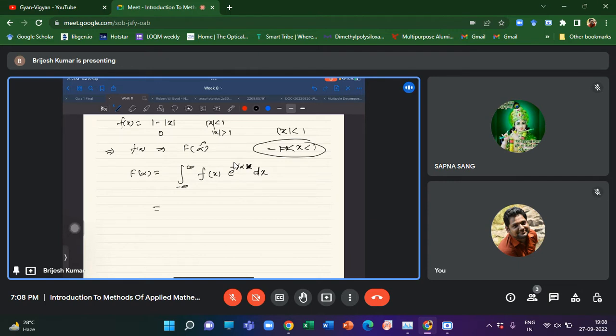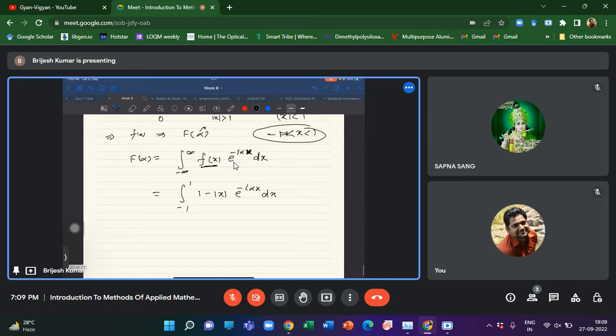So the limits convert to minus 1 to 1, and in place of f(x) we put 1 minus mod x, e to the power minus i alpha x dx.